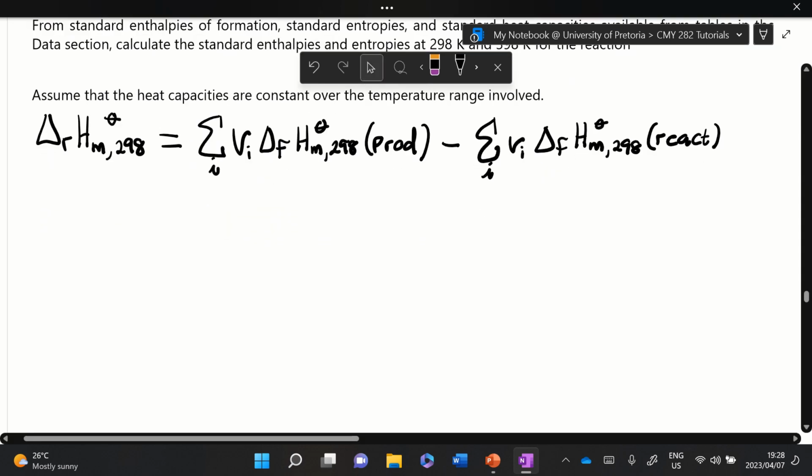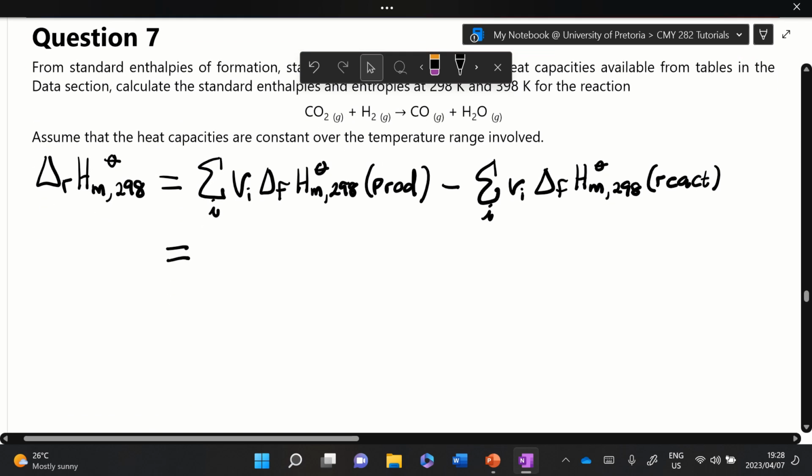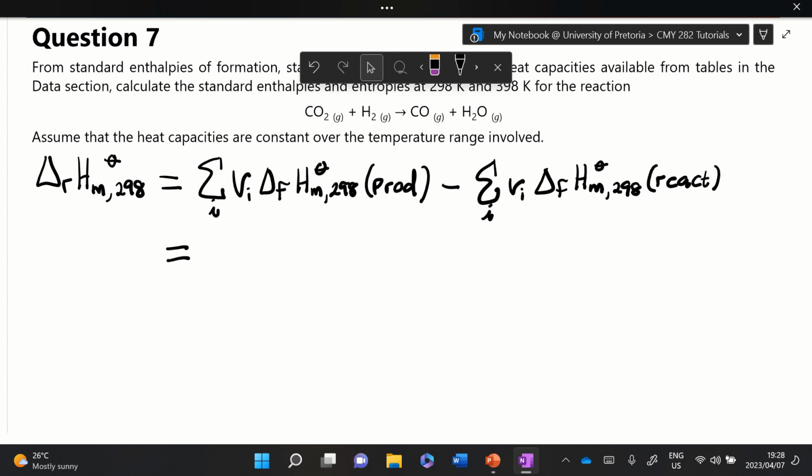Right, so we can quickly look that up. Everything is 1 to 1, so we don't really have to worry about anything. So it is carbon monoxide minus water.